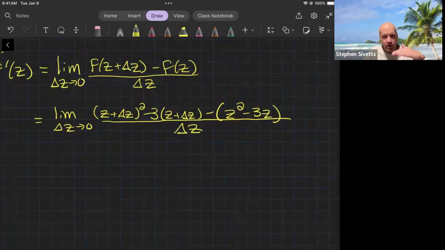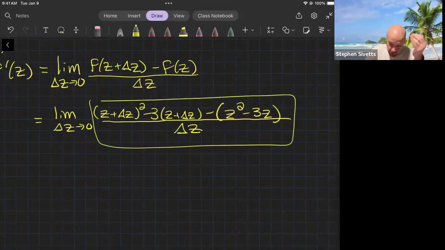From this point forward, you're just simplifying the quantity inside the limit.